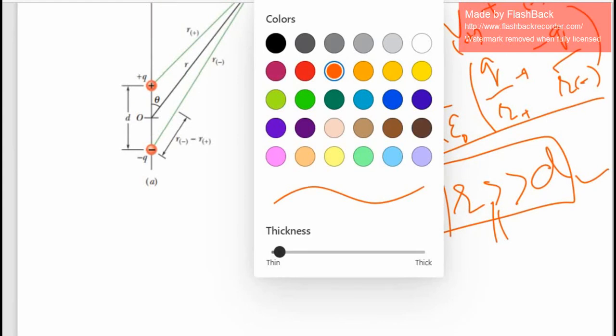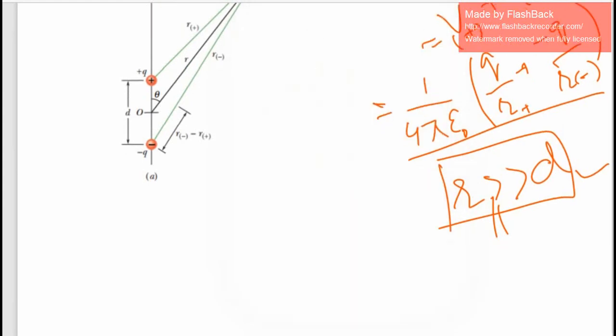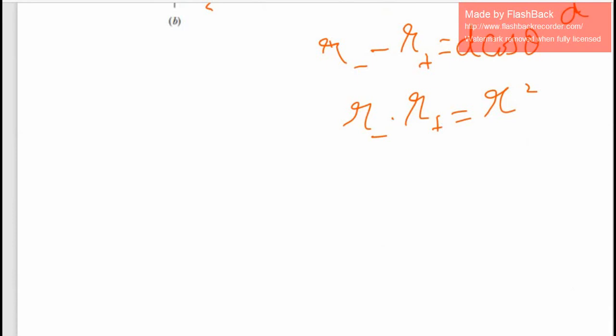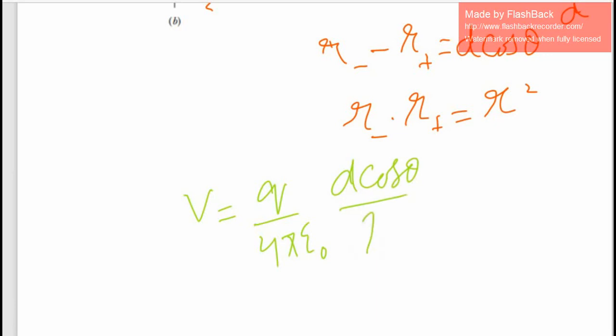These equations. If I put these values in the above equation, we end up with V is equal to Q over 4 pi epsilon naught, d cos of theta over r square.